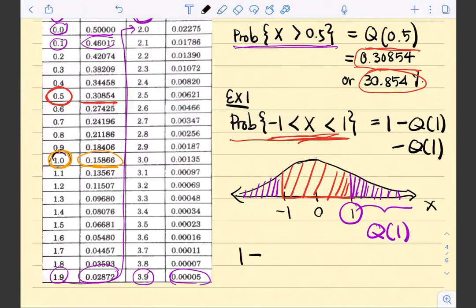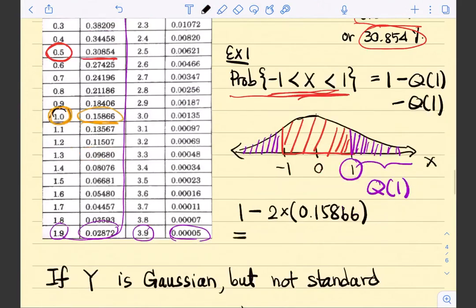It's 1 minus 2 multiplied by 0.15866, and the final answer is approximately 0.68, or 68%. So that's a big chance.